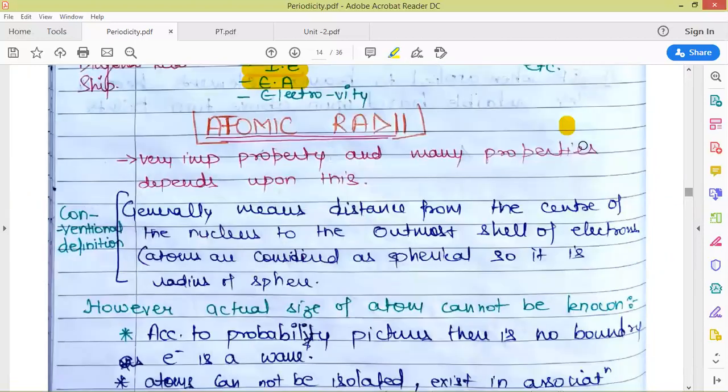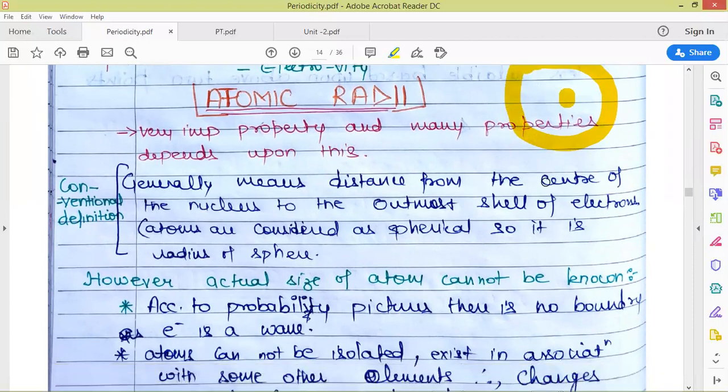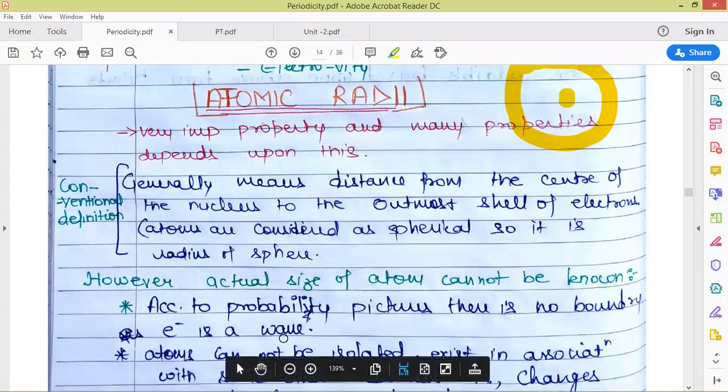So the distance from here to the outermost shell where the electrons are present, where its effect is felt, if the atom is considered to be spherical, is the radius of the sphere. But actually this definition is not correct. This is the conventional definition.